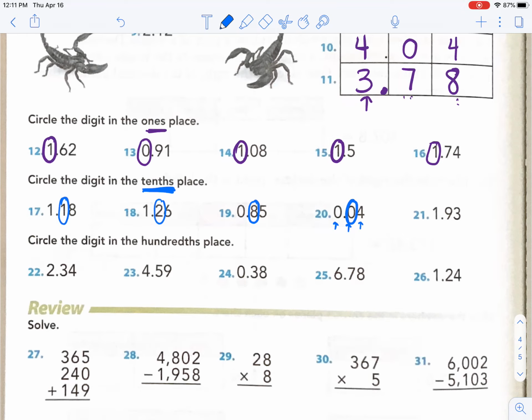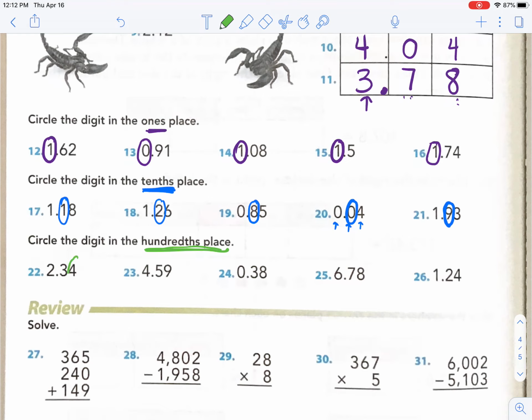Okay, next one. What's in the tenths place? 9. So to the right of the decimal is the tenths place. Now the hundredths place, that's 2 over, like the penny spot, okay? So if we were to pretend this was $2.34, what's in our penny spot?